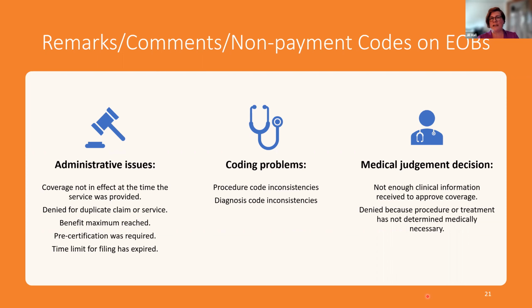So here are some examples of the descriptions that we would see on some non-payment codes. What's important to note here is that each non-payment decision will be coded and it will be described on the EOB. Secondly, the type of denial, in other words, the reason for non-payment, is what determines if appealing the decision will be allowed.